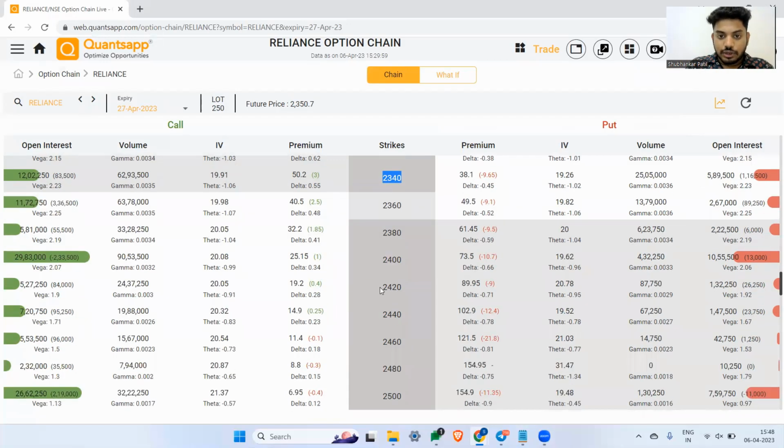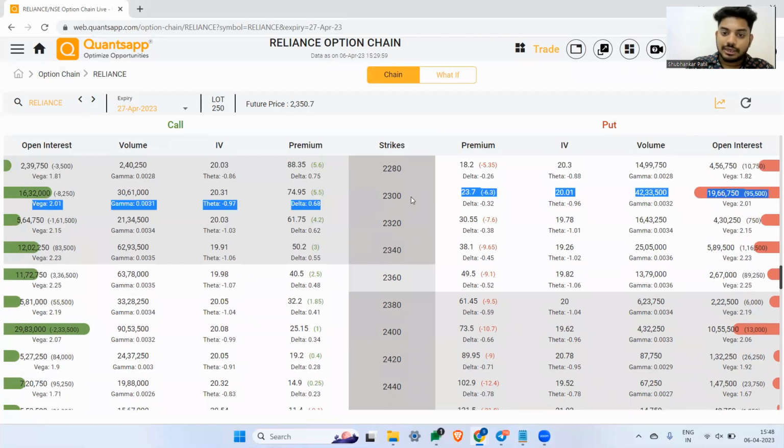In this scenario, if I buy Reliance's 2300 strike price call option, it doesn't matter what the scenario is in the future. I have the right to buy Reliance's shares at 2300 rupees, not a rupee here or there.